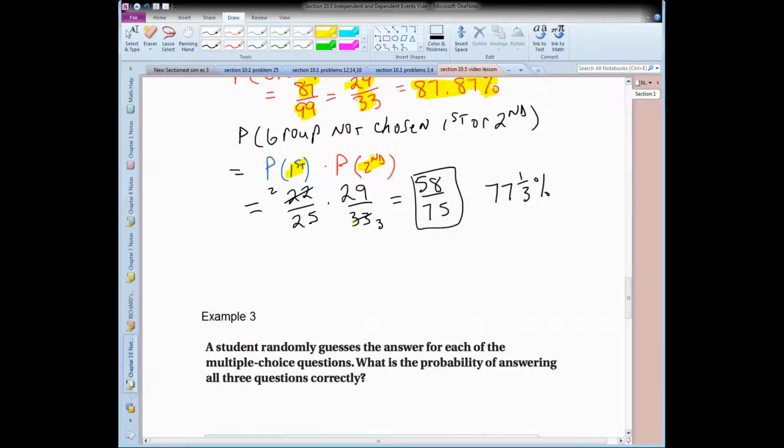You guys aren't part of that. So I multiply them together. You see that I can cancel here. 22 and 33 are both divisible by 11. I end up with 58 over 75, which is exactly 77 and 1/3%. So that's the chance that no one in your group is going to be the first or second contestant.